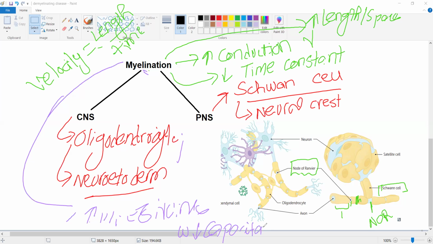These are some fancy words you find in the question: space constant, time constant. The simple takeaway is that it increases the conduction velocity. You have to keep these things in mind.